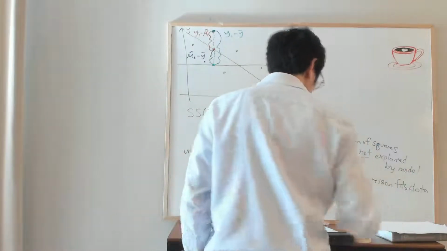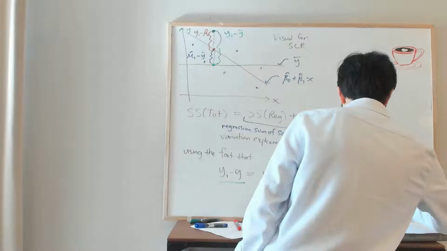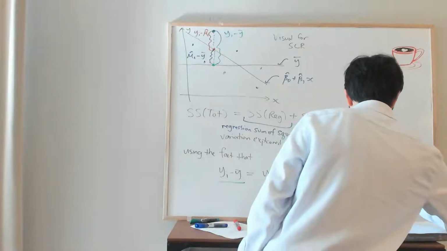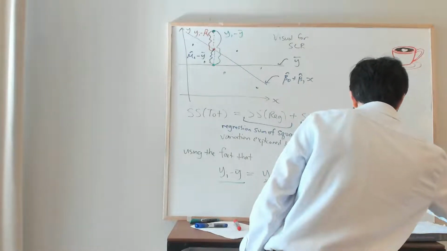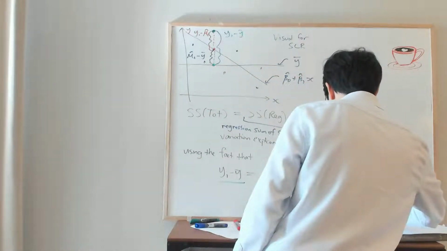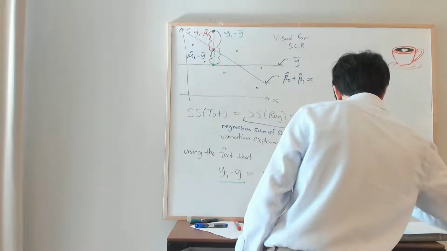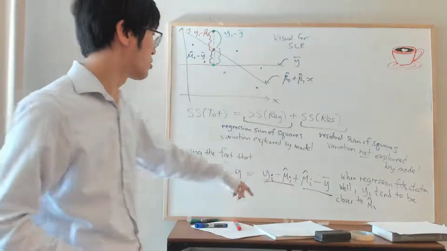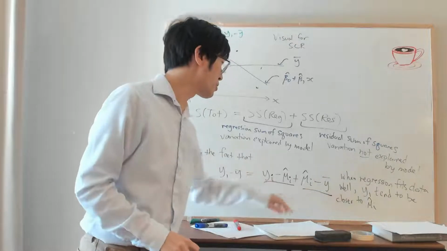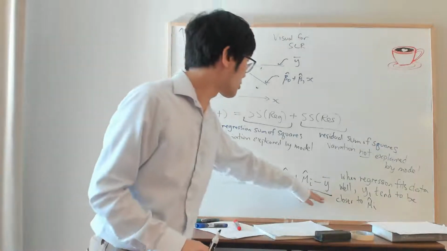Okay, so when the regression fits the data well, then the observations yi tend to be much closer to mu i hat, and so this part is going to be larger.